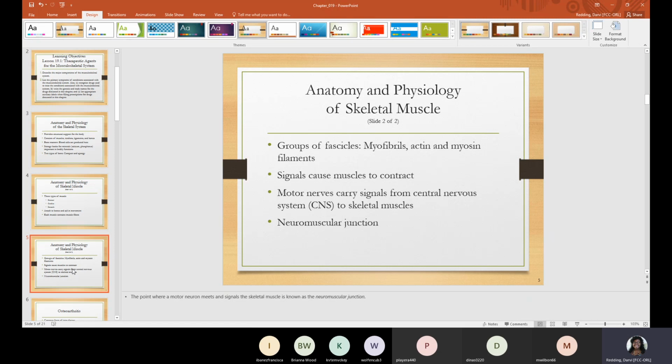We talk about the groups of fascicles, and those include myofibrils, actin, and myosin filaments. Inside of our bodies, we have signals that cause our muscles to contract. We also have the motor nerves, which carry signals from the central nervous system, abbreviated CNS, to the skeletal muscles.